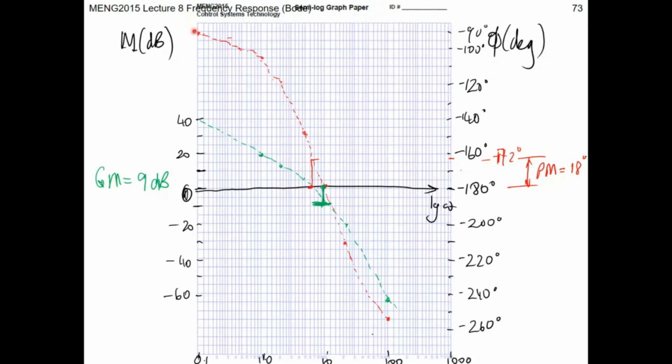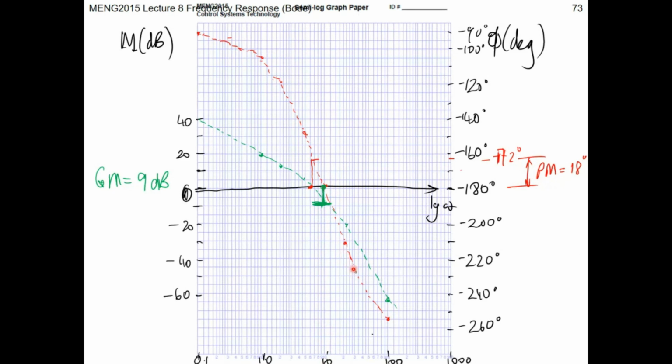Likewise with our phase, which we just calculated, starting at minus 90. Then we come down, and we get a value of minus 180 at 10 radians per second, and then it levels off.